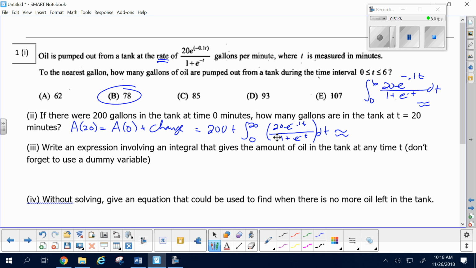If you want, you could retype over that previous 6 with the 20, and then add the initial $200.